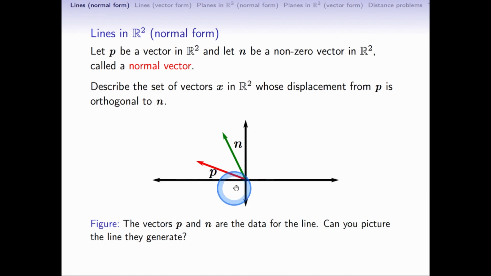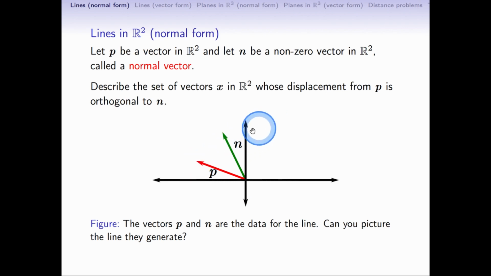So let's think of these as 2 pieces of data. These 2 pieces of data are going to generate our line. And here's how we're going to do that. Describe the set of vectors x in the plane whose displacement from P is orthogonal to N. In other words, we're going to admit a vector x into the set if I draw the vector x, I compute the difference between x and p, so I compute x minus p.